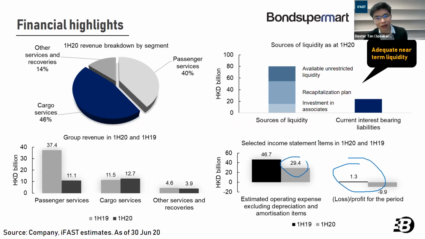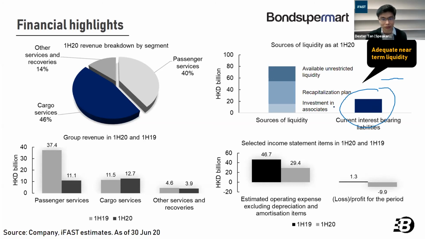So, despite all these factors, the one thing that we should know as a bond investor is that there is adequate near-term liquidity. So in spite of the near-term downward pressures on revenues and net profits, the airline still remains in a relatively healthy capital position. Looking at its current interest-bearing liabilities here on the right, we have about 25 billion of interest-bearing liabilities for the next 12 months.